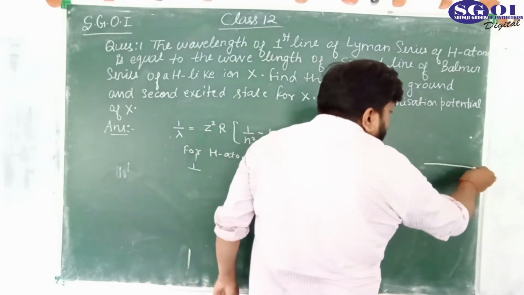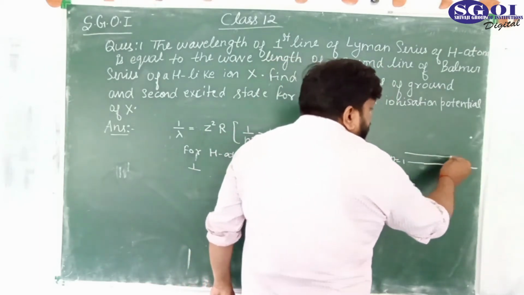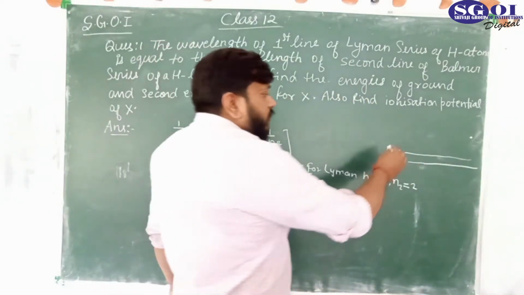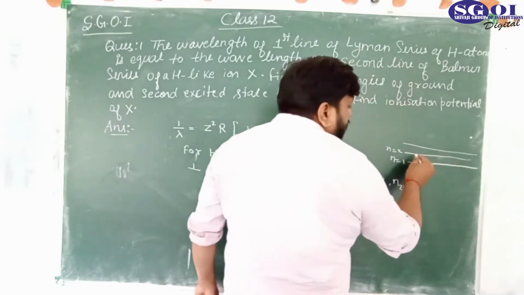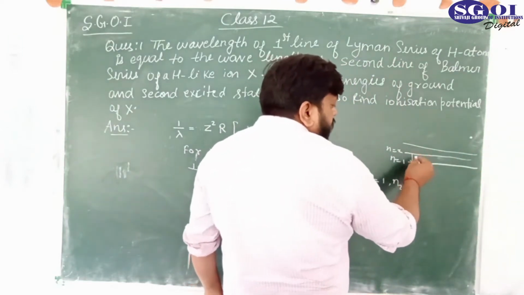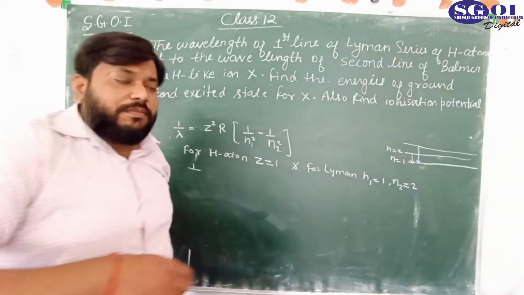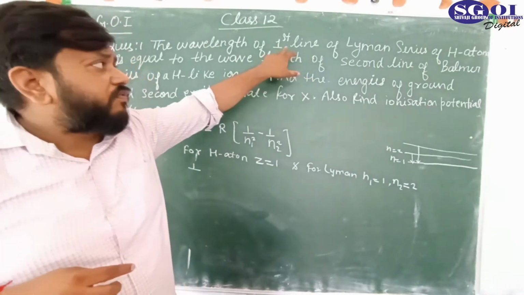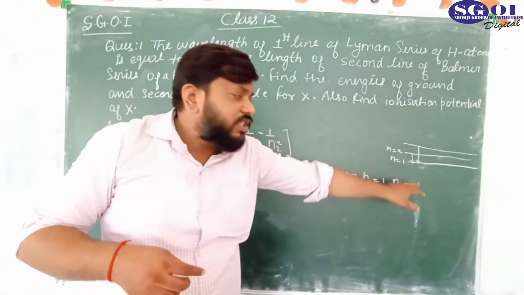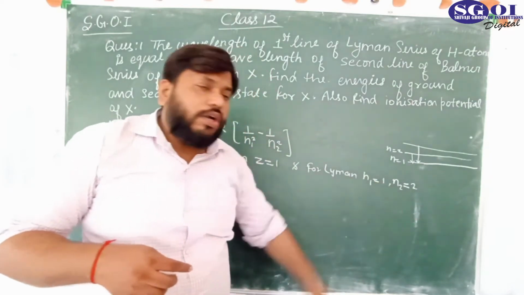Because we know this is n equal to 1 and this is n equal to 2. For the Lyman series, the transitions come to the first level, which is the ground state. 2 to 1 is the first line, and 3 to 1 is the second line of the Lyman series. Here we have the first line, so the 2 to 1 transition, which means n2 equal to 2 and n1 equal to 1.